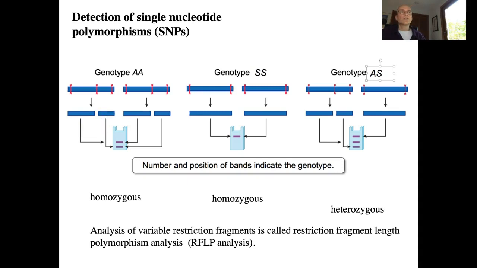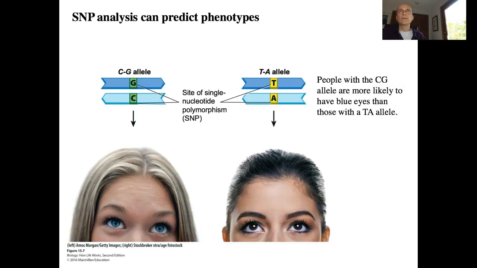All right, so let's take a look at an example. SNPs can be detected the way that we just discussed, and they can be associated with a phenotype.